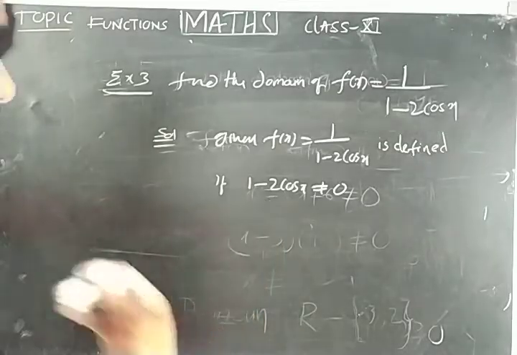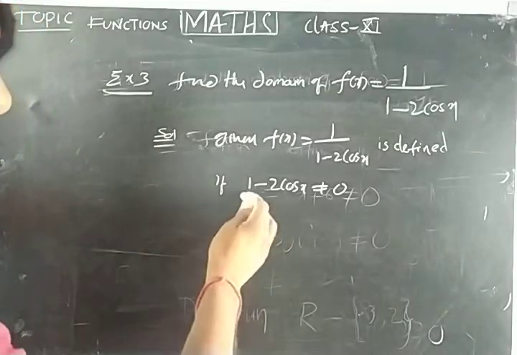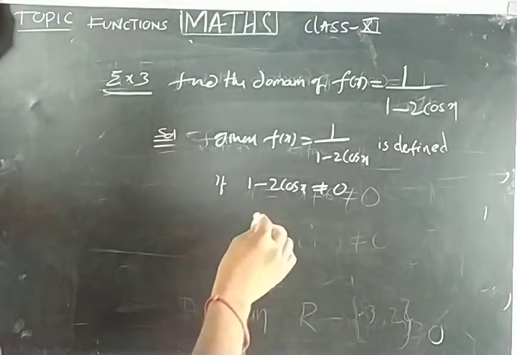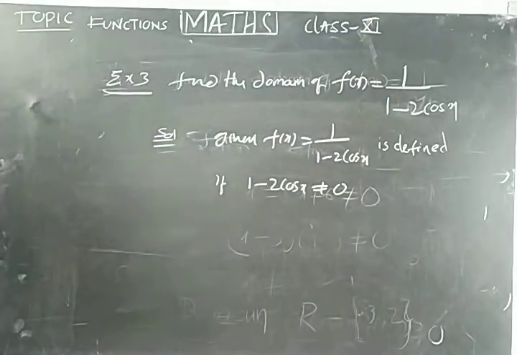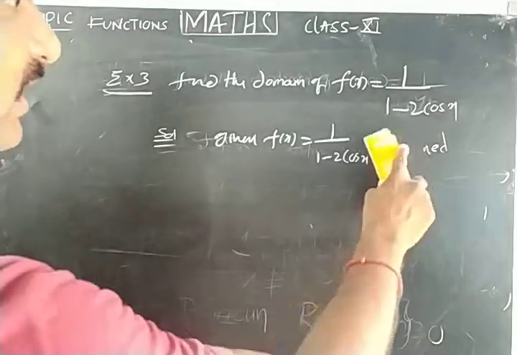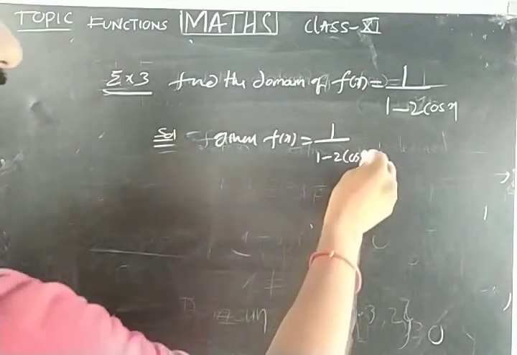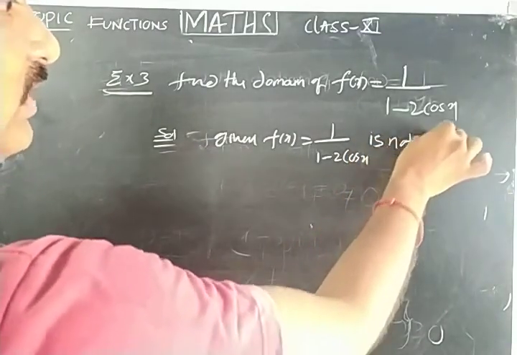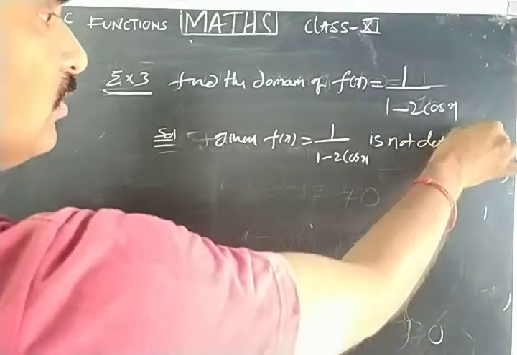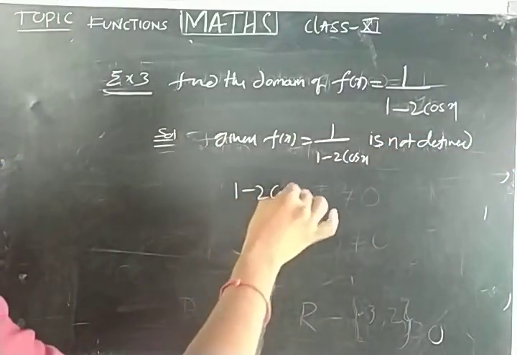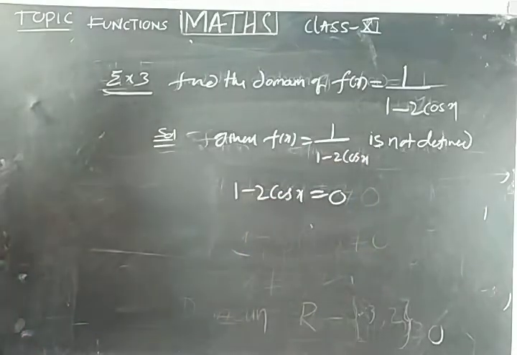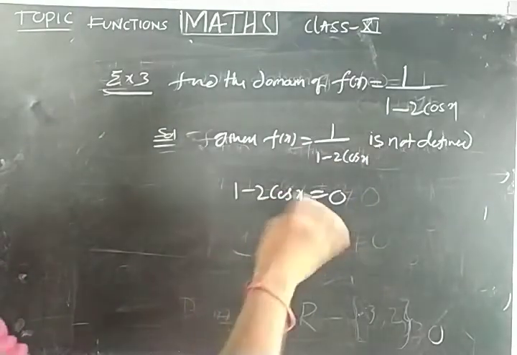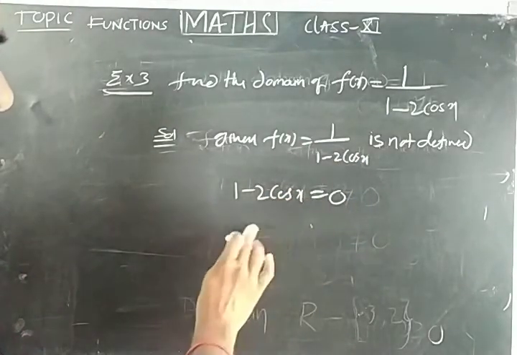That means, see here, by sending 1 to the right-hand side, you can write it like this also. f of x is not defined when 1 minus 2 cos x is equal to 0. If it is equal to 0, it is not defined. So I am finding the cos x value here by sending 1 to the right-hand side.